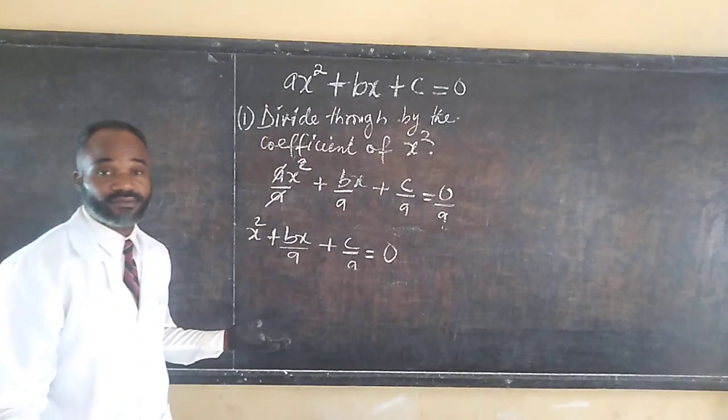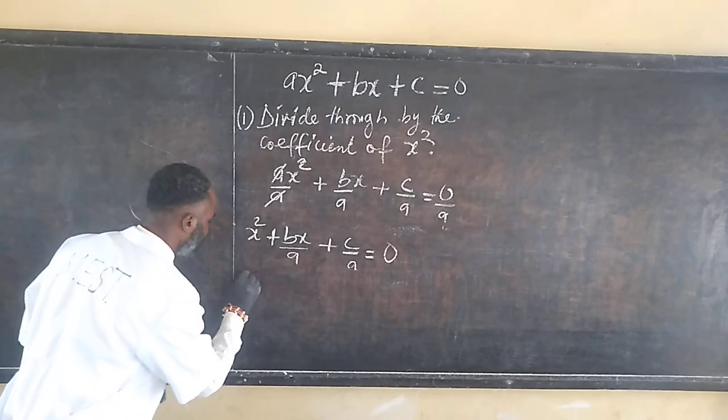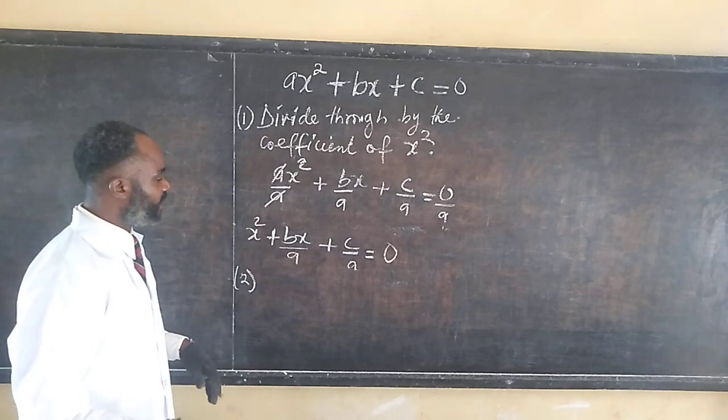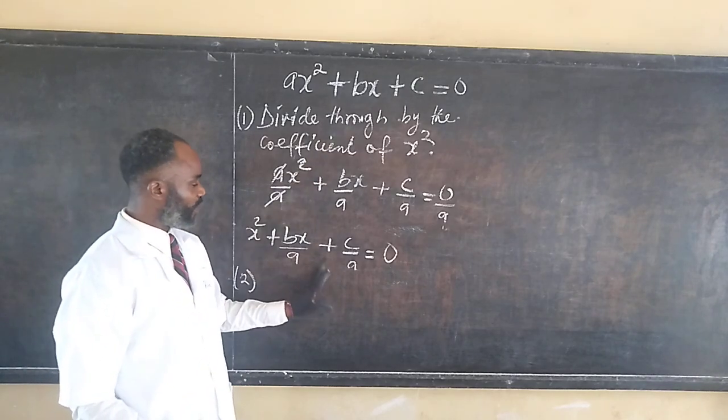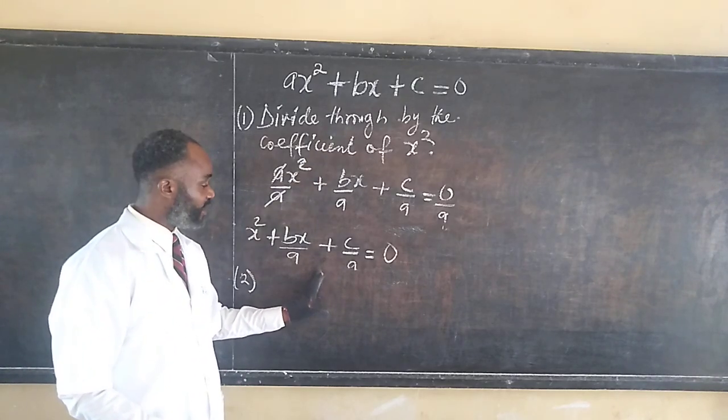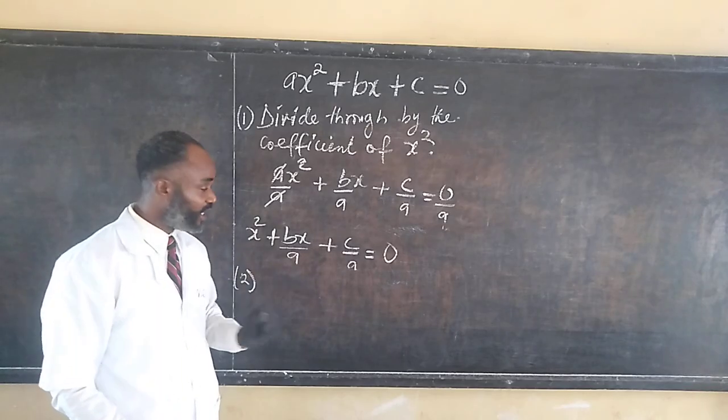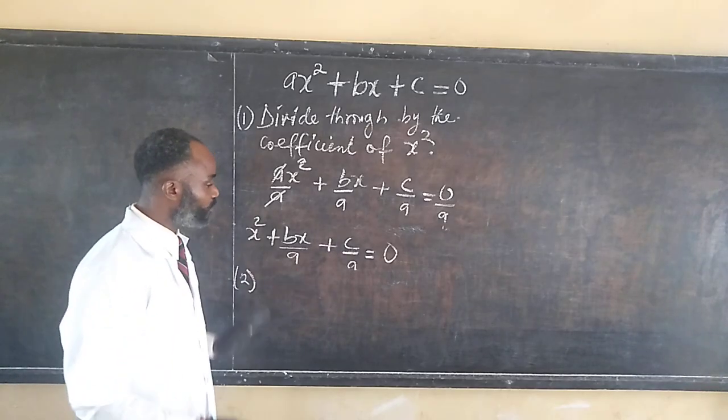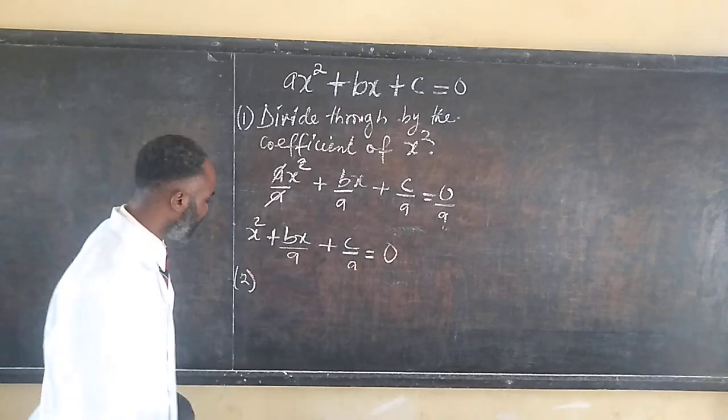That's it. Then the second one, without wasting time, is to take the constant term. The constant term here is c over a.